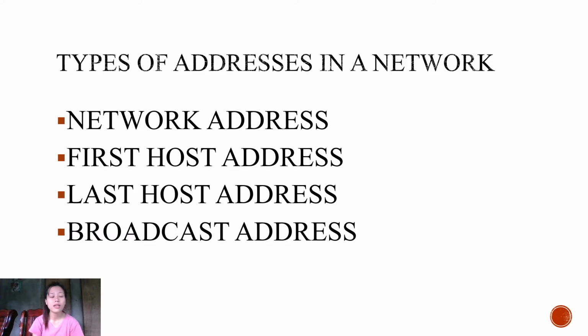So there are types of addresses in a network: the network address, first host address, last host address, and broadcast address. The network address is the address that, with the subnet mask, refers to a network. All hosts within a network share the same network address, and the host portion is all zeros.